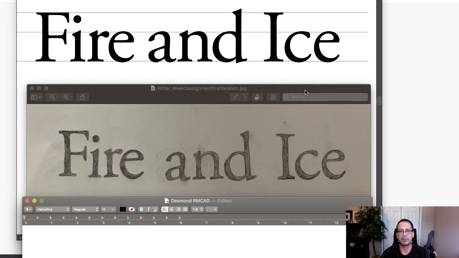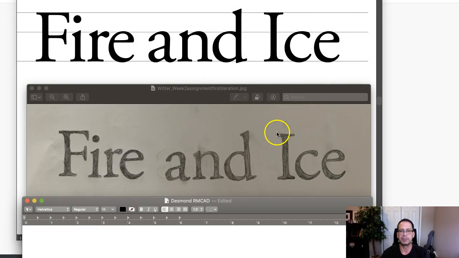And I think that to a high degree will definitely clean this up, as well as the fact that we need that baseline, mean line, and cap lines to be present completely perfectly level, and each of those lines should be perfectly parallel with one another, as we see in this example.